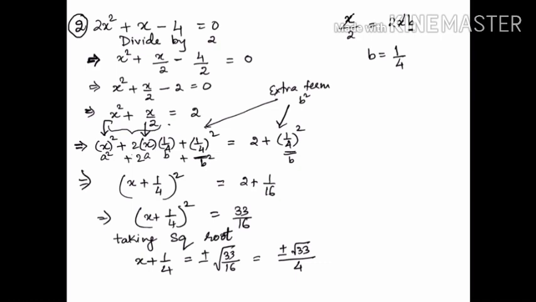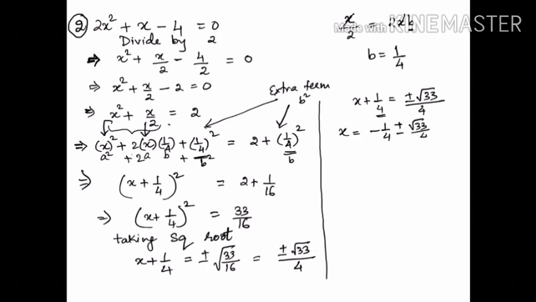Root 16 is 4. So now x plus 1 upon 4 is equal to plus minus root 33 upon 4. Carry this constant term to the right side. So x is equal to minus 1 upon 4 plus minus root 33 upon 4.